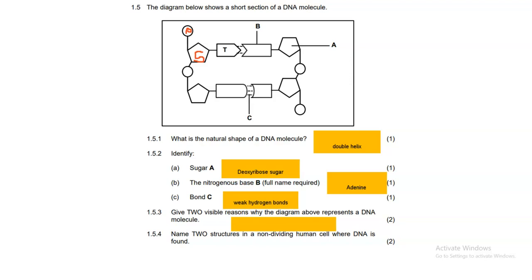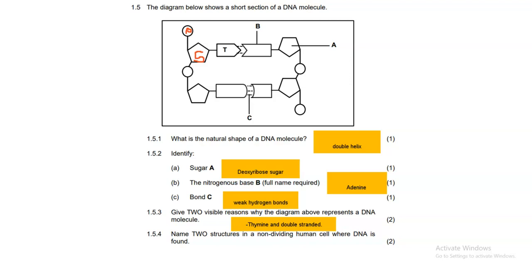Remember, we've got a visible T there. We've got thymine, which is visible. And also it's double stranded. There are two strands there. Those are my 2 points or 2 reasons as they're asking.